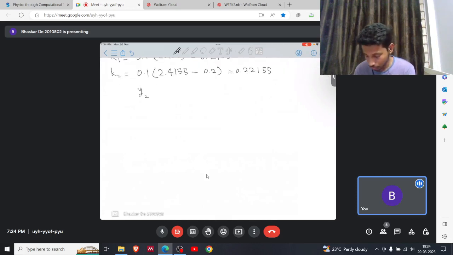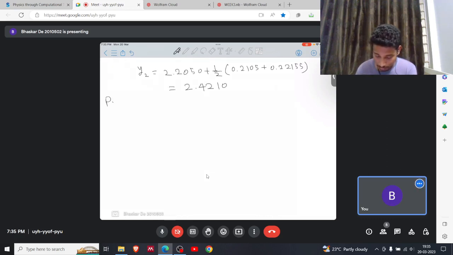So we get y2 equal to 2.2050 plus half of (0.2105 plus 0.22155), which gives us the value 2.4210.